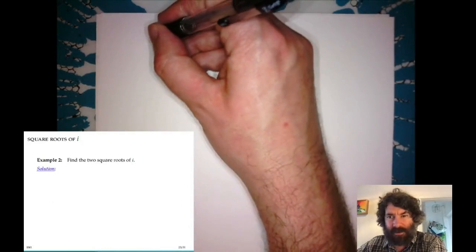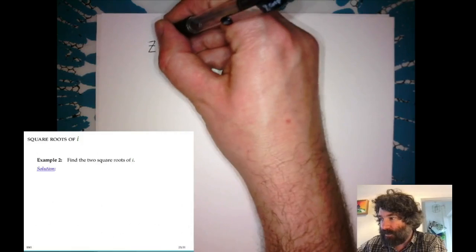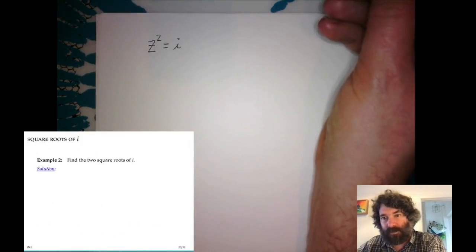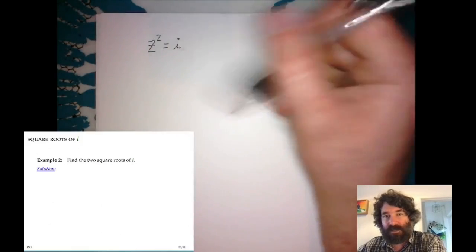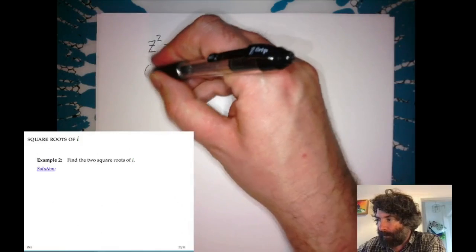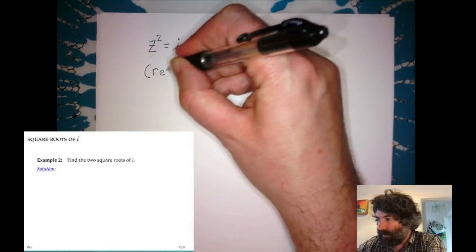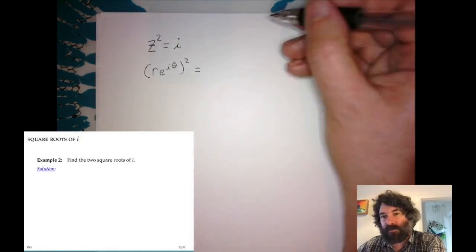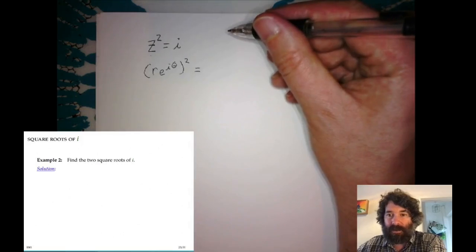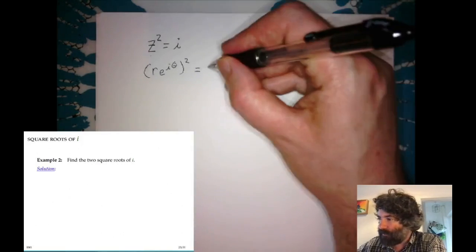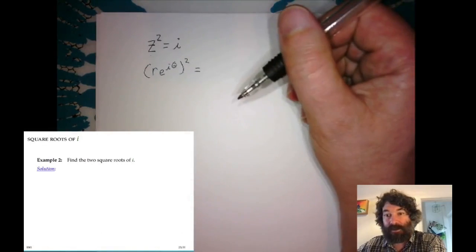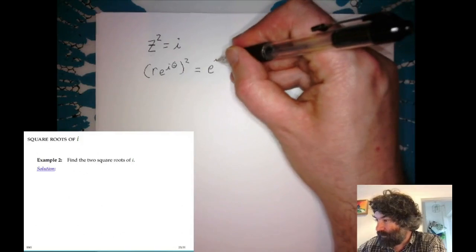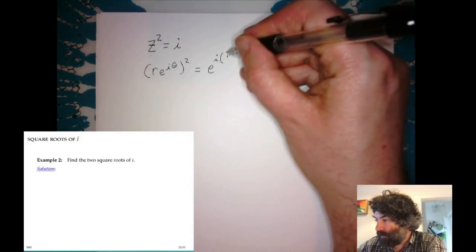So that means we want to find complex numbers so that z squared equals i. Right, so once again, we use the exponential form for z. We have (r e^(iθ))² equals i. And I'll also write i in exponential form. So i has argument π/2, e^(iπ/2).